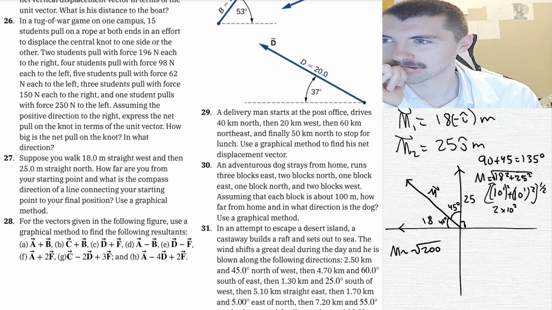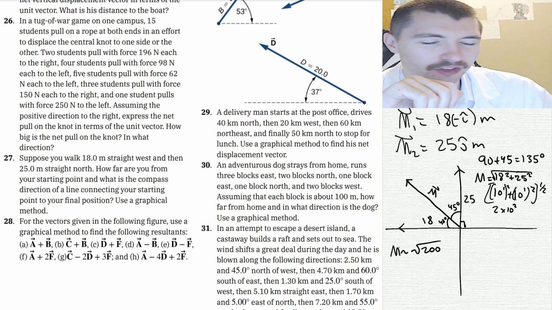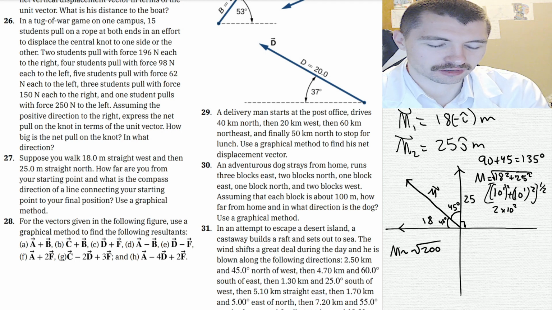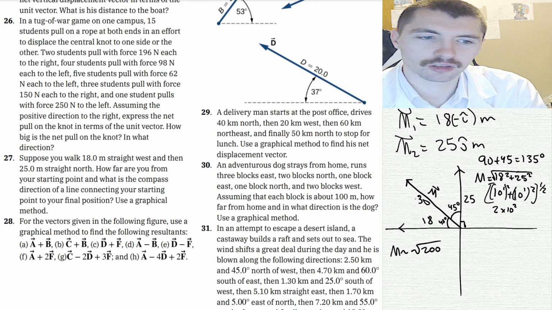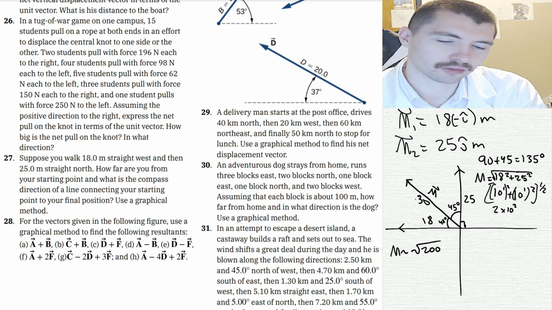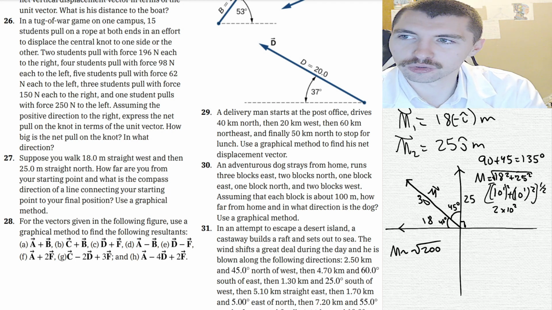I know we are really roughing this one. All right, I guess I'll calculate it real quick, just to see how far we're off. 18 squared plus 25 squared. 18 squared is 324.